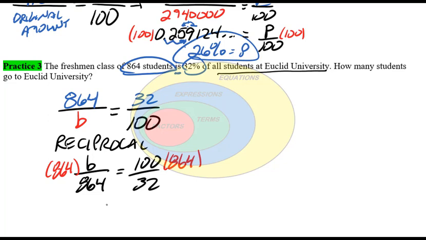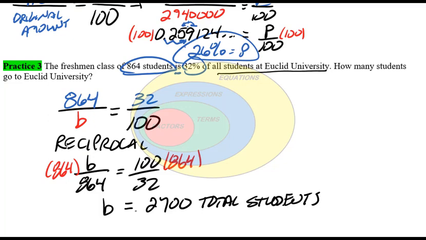So I get B equaling, and if you put this in the calculator, you get 2,700. So that represents the students at Euclid University, so there are 2,700 total students at Euclid University.